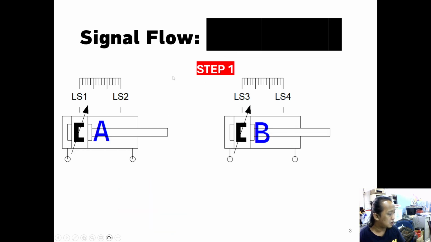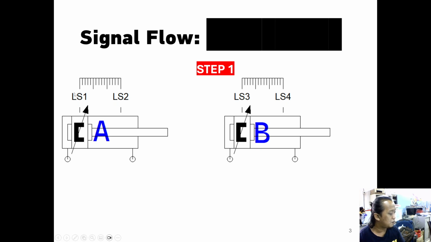And the signal flow, this is the initial position. There are two cylinders, A and B. Cylinder A has two limit switches, limit switch 1 and limit switch 2. If the cylinder is in the minimal position, limit switch 1 will detect it.